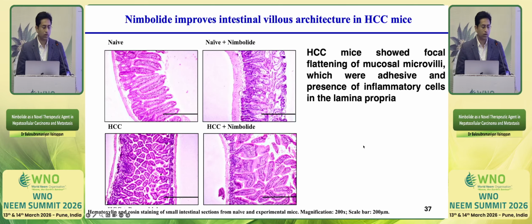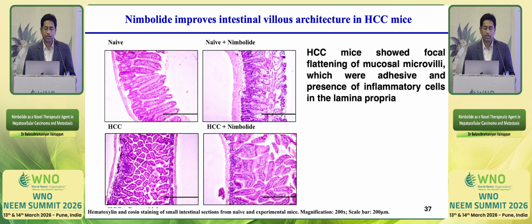So further, we looked at the nimbolide effect in the intestinal gut tissues, and these histological findings show the intestinal villus, and you can see that nimbolide treatment improves intestinal villus architecture in HCC mice. So what happened in HCC? There is a focal flattening of mucosal microvilli and adhesion, and presence of inflammatory cells in the lamina propria, which is reduced with the treatment of nimbolide to HCC mice.